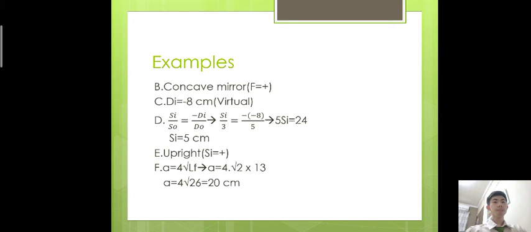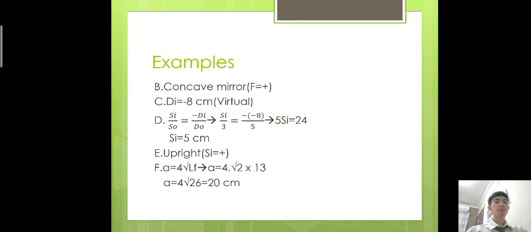D. To find the size of the image, we use the equation Si per So is equal to negative Di per Do. Then we substitute the numbers: Si per 3 is equal to negative times negative 8 divided by 5.